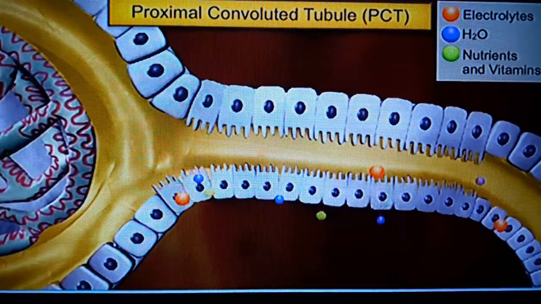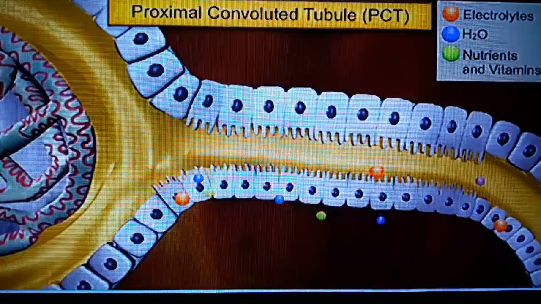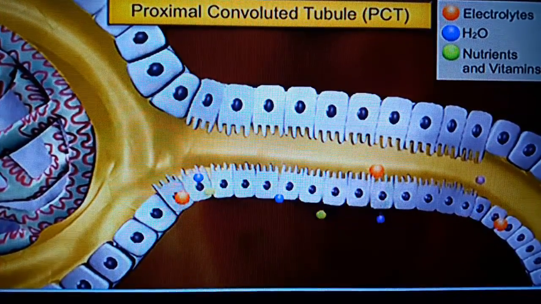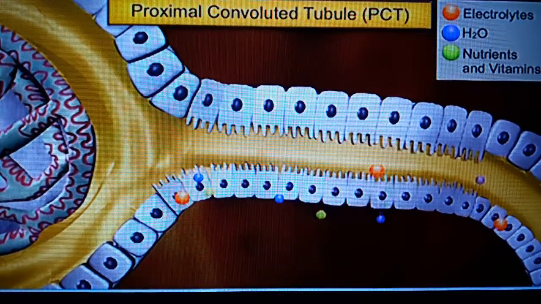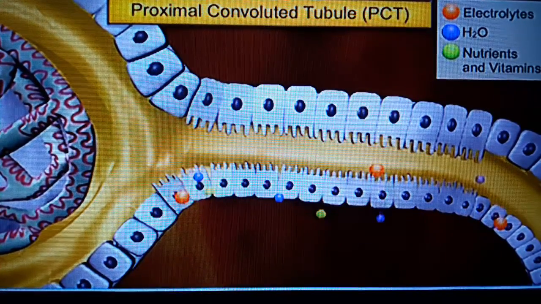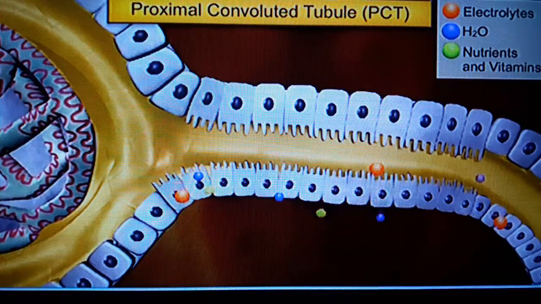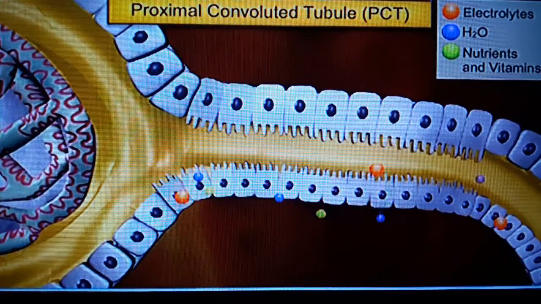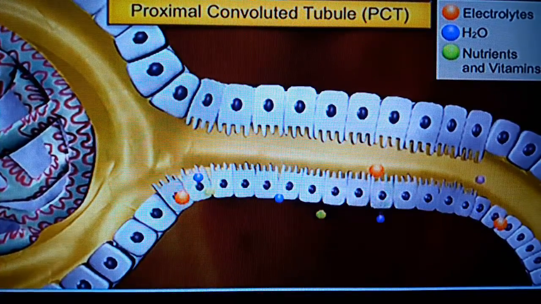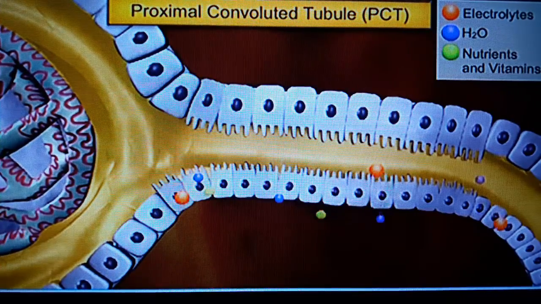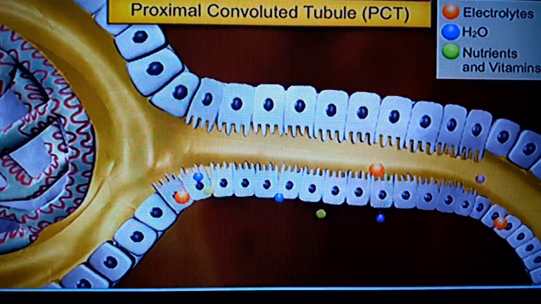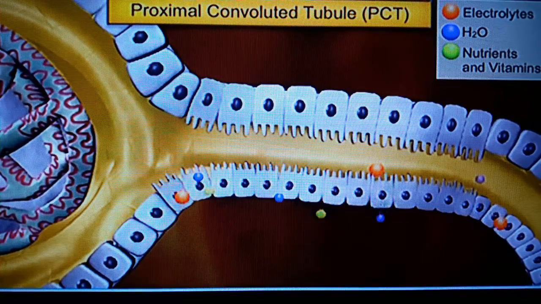How are these molecules or electrolytes reabsorbed? First point, through osmosis. Certain substances like sodium and chloride are reabsorbed simply by passive diffusion or osmosis, or passive transport you can say also. These molecules move in and out wherever the nephron is permeable, like in the PCT.